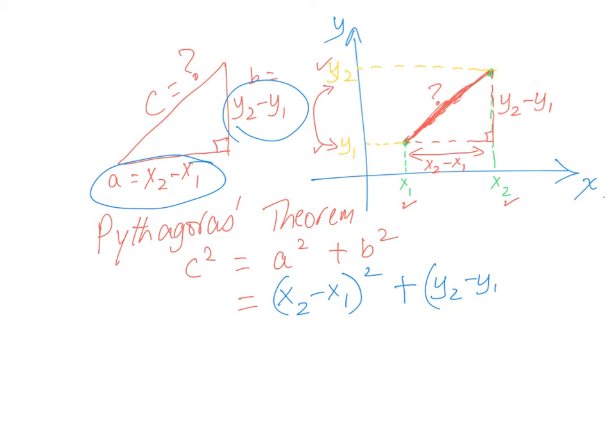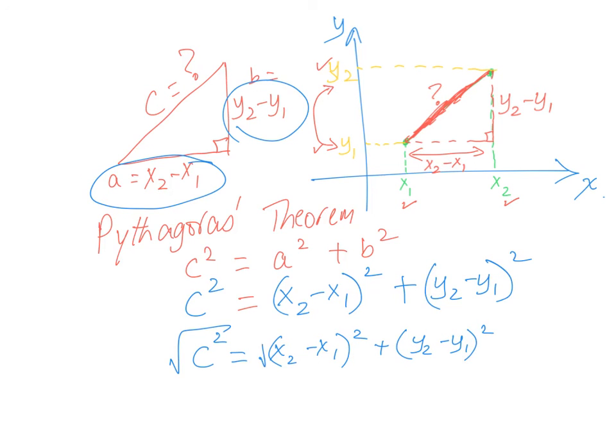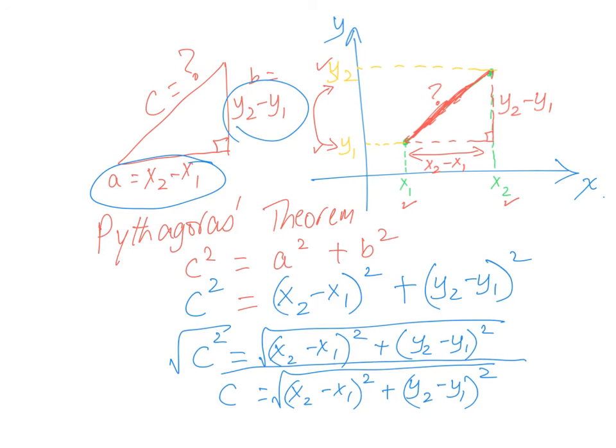Y2 minus y1 whole squared. And we need c. We don't want c squared. So how would we find c? You take the square root on both sides. So c is equal to the square root of the sum, this is a formula you need to remember.